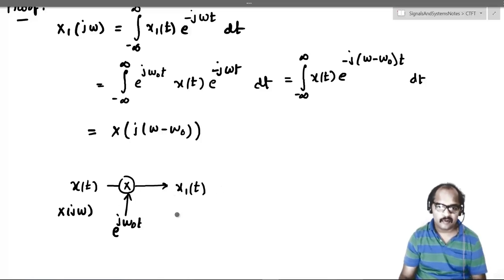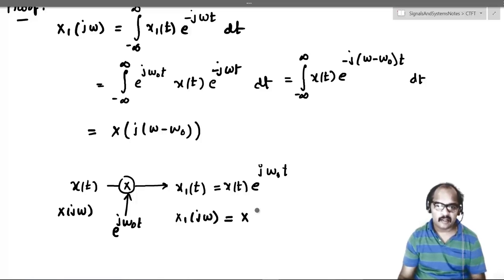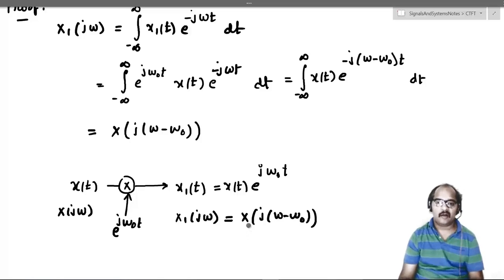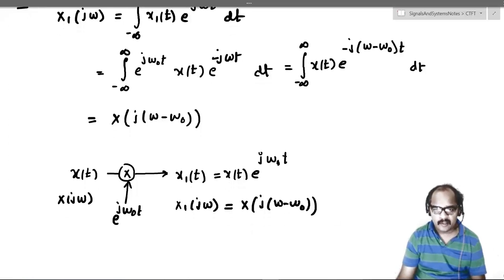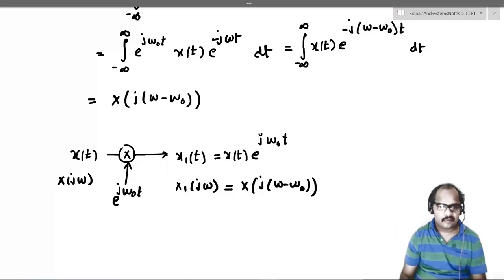So x1 of t is nothing but x of t multiplied with e power j omega naught t, and this will have x1 of j omega as the Fourier transform, which is nothing but x of j omega minus omega naught.